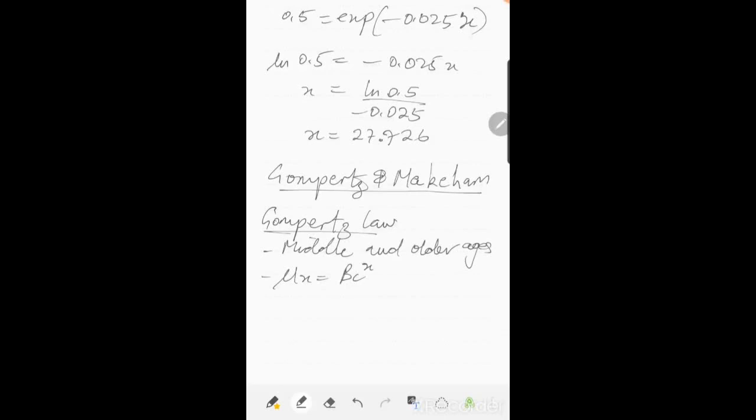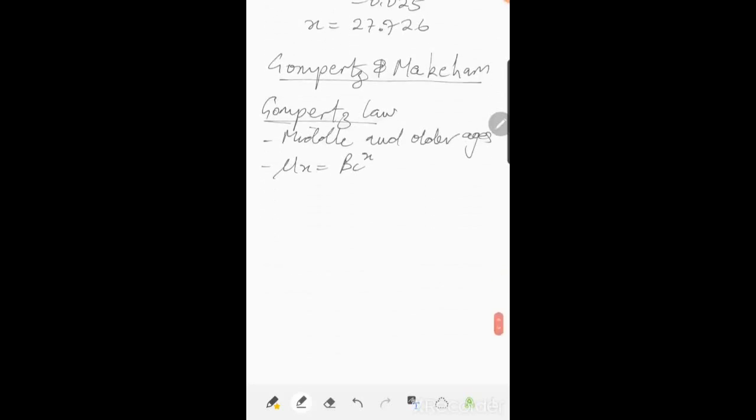And Makeham's law. Under Makeham's law, it's just an allowance for accidents.